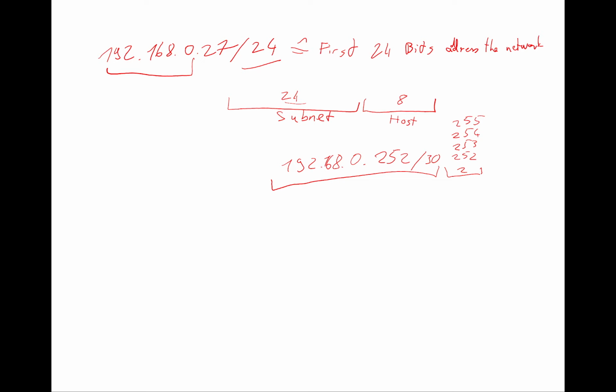These are the potential 4 hosts that we can address with the 2 bits that we have. What we also often have in any kind of such subnets, meaning these 4 hosts, is that the highest IP address is used for broadcasting in this network. So it's a very tiny network.